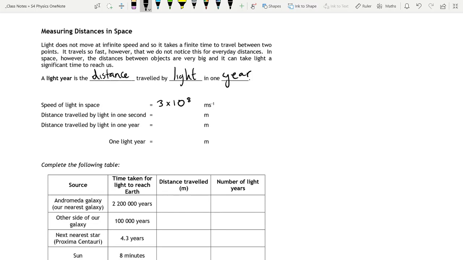So that's 3 times 10 to the 8 meters every second. So the distance traveled by light in 1 second must be 3 times 10 to the 8 meters. So the distance traveled by light in 1 year is 3 times 10 to the 8 times the number of seconds in a year. So we need to work out the number of seconds in a year.